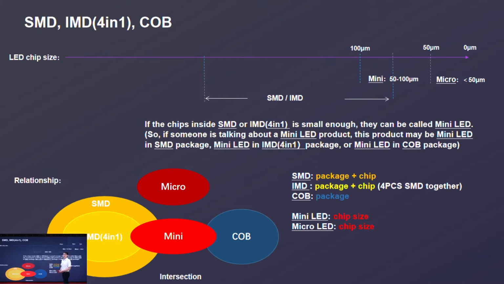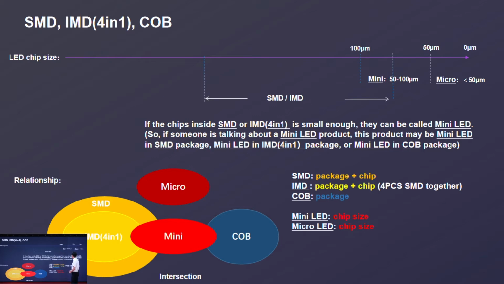If the chips inside SMD or IMD are small enough, they could be called mini LED. So if someone is talking about a mini LED product, this product may be mini LED in SMD package, in IMD package, or even in COB package.